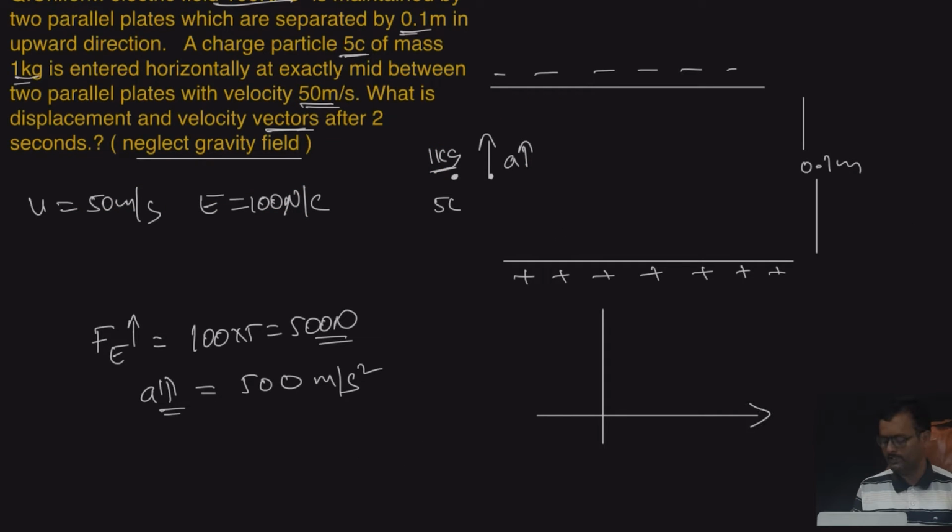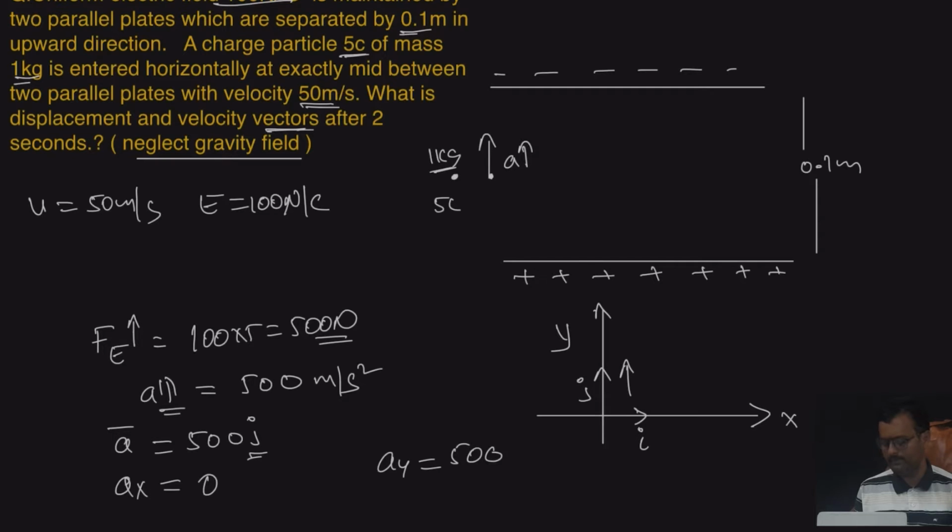Suppose horizontal is taken as the x-axis and vertical as the y-axis. The unit vector along the x-axis is i, along the y-axis the unit vector is j. The vector form of acceleration is 500 j. So acceleration along the x-axis is 0, and acceleration along the y-axis is equal to 500.